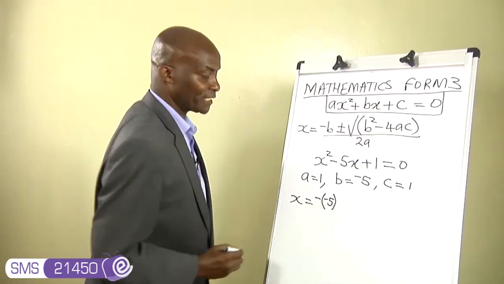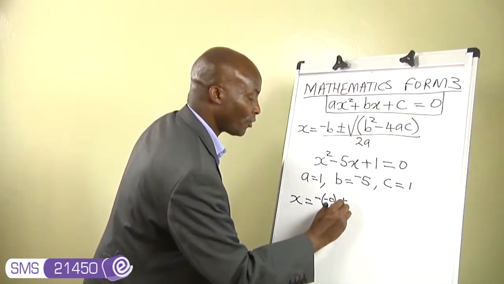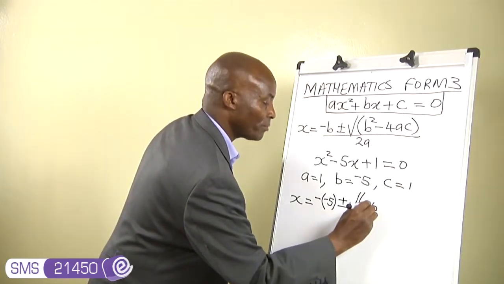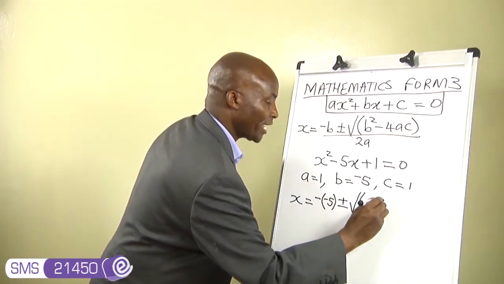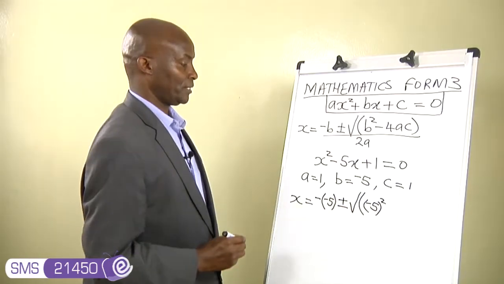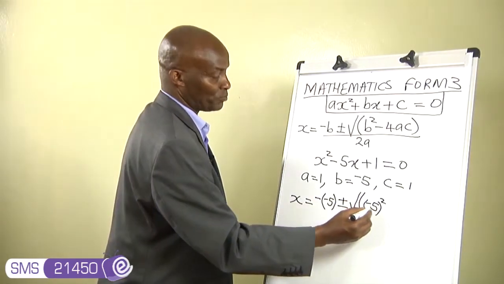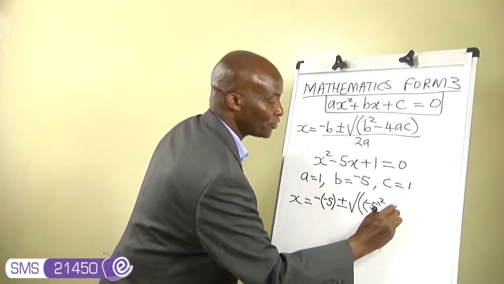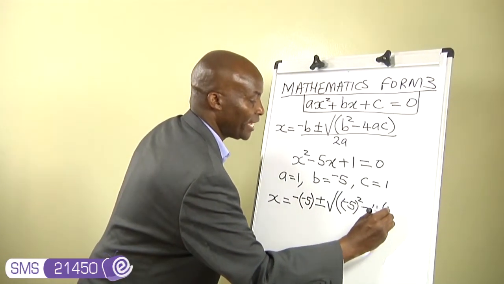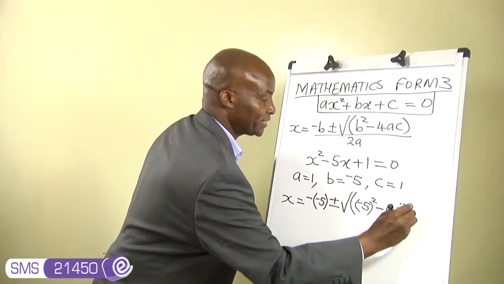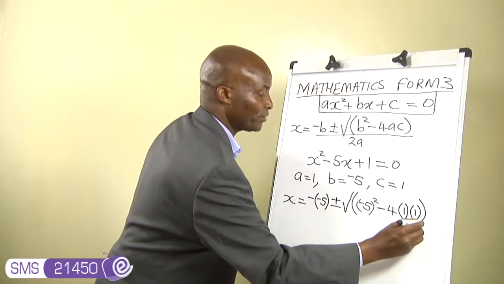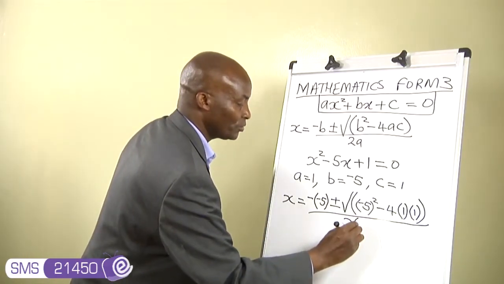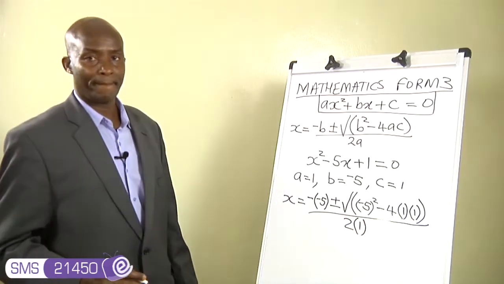So negative of negative 5, then plus or minus the square root of b squared, b is negative 5, so b squared minus 4 times a, which is 1, and c, which is 1. Close the bracket, divide by 2a, 2 times a.